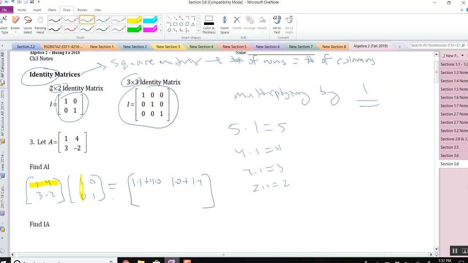Sorry, I'm tripping. 3 times 1 plus negative 2 times 0. And 3 times 0 plus negative 2 times 1. Okay. So the result should be what matrix A is: 1, 4, 3, negative 2. So it didn't change.